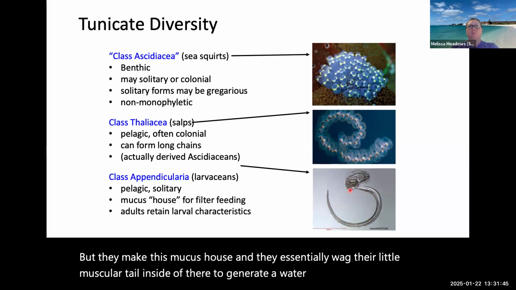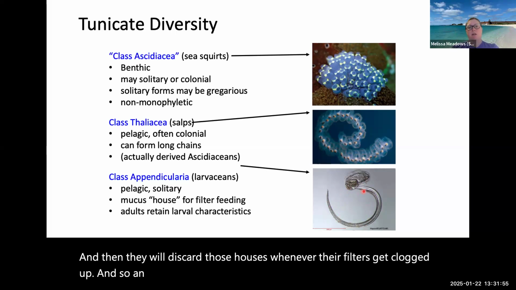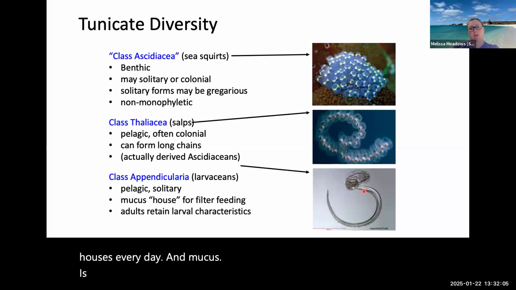And then they will discard those houses whenever their filters get clogged up. An individual appendicularian can discard multiple mucus houses every day. And mucus is actually mostly polysaccharides, sugars, which is mostly carbon.